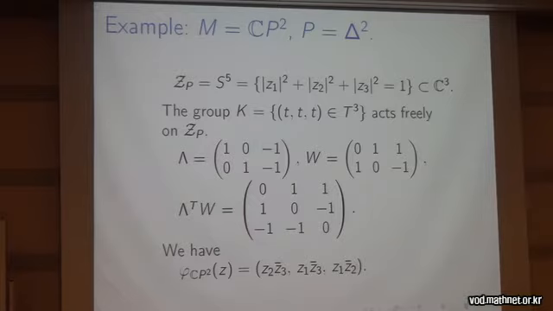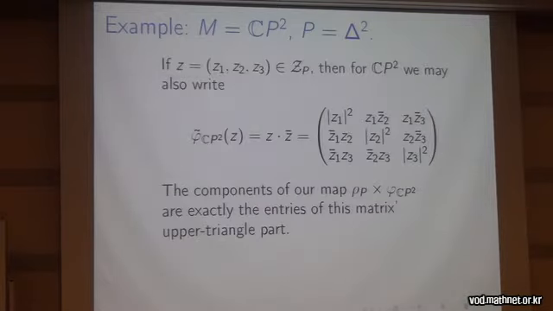Okay, there is another description. Viktor Matveyevich insisted that I include it here. For CP2, there is another strange way to obtain these monomials. We can multiply Z transposed by Z bar, and obtain a matrix whose upper triangular part generates our embedding.